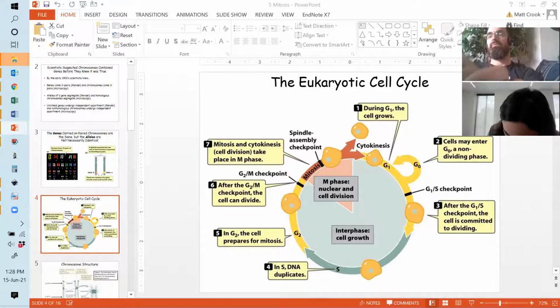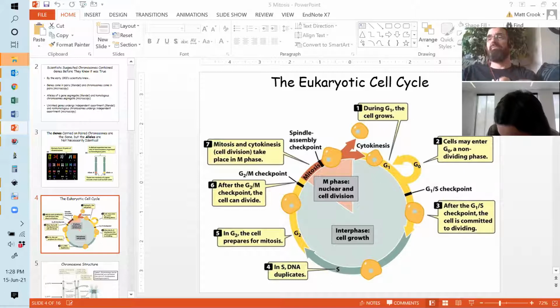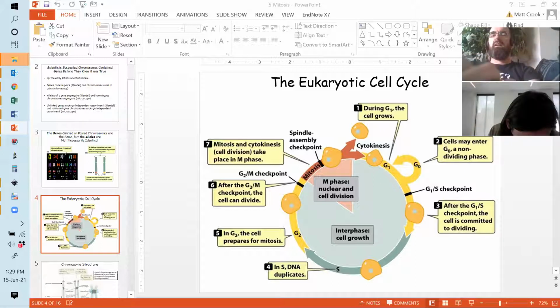Basically, that's the metaphase plate, or in simpler terms, the center of the cell. And it'll wait for as long as it takes for that to happen.